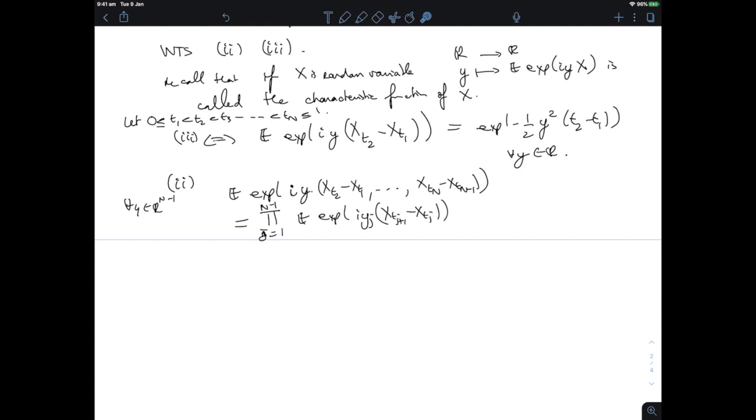So if this characteristic function of the vector is really just a product of the characteristic functions of the individual components, that will give us independence. And if we know that the characteristic functions of the individual components are the characteristic functions of Gaussians, then we will know that the increments are Gaussian with the appropriate variance. So really what we need to do is study this function of a vector in R^(n-1) and show that it has the appropriate form.